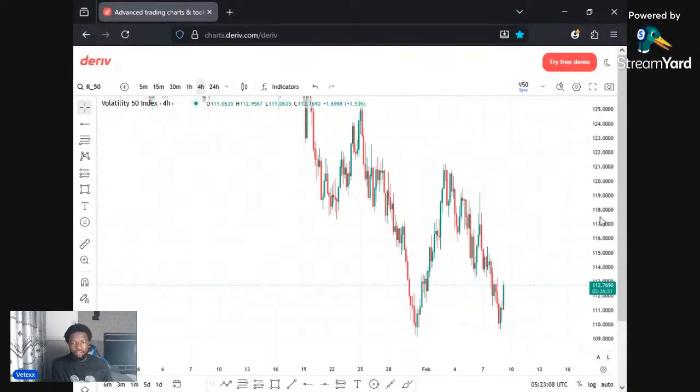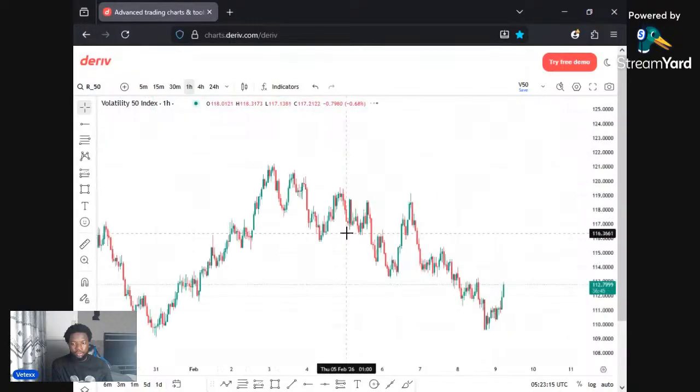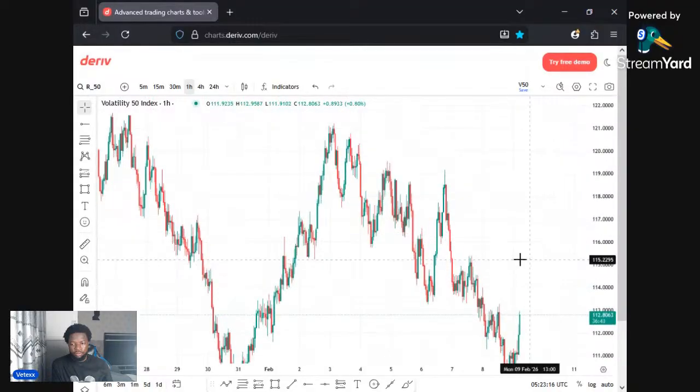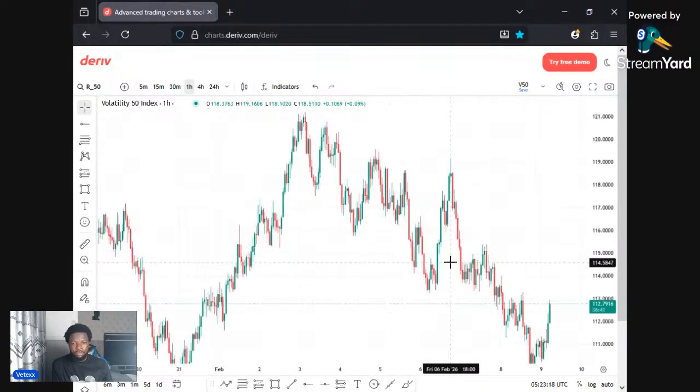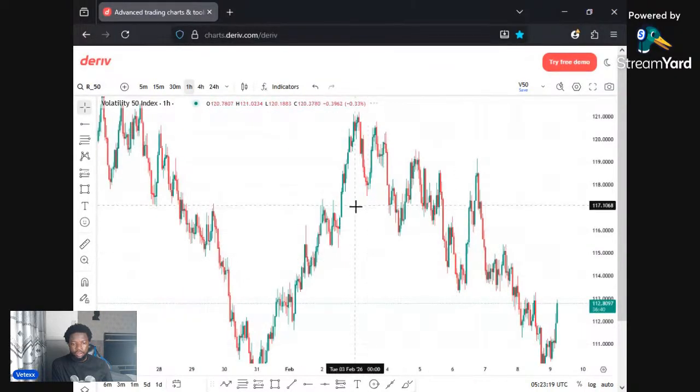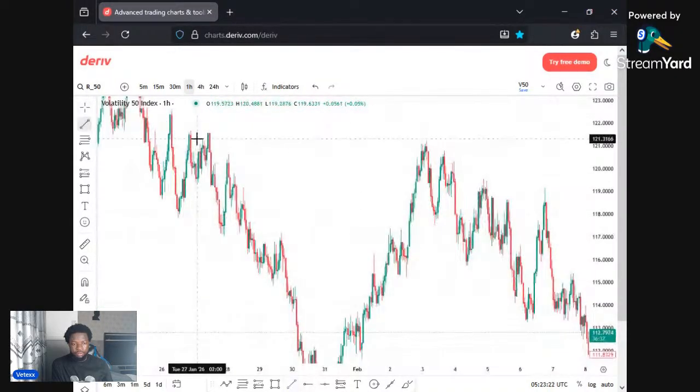In the 4-hour time frame, we can't really see anything. So go to the 1 hour and check, because the place price reacted from recently. So we have a sweep here. You have structural liquidity here.